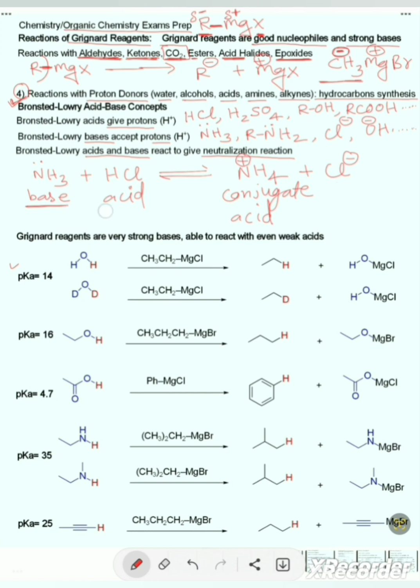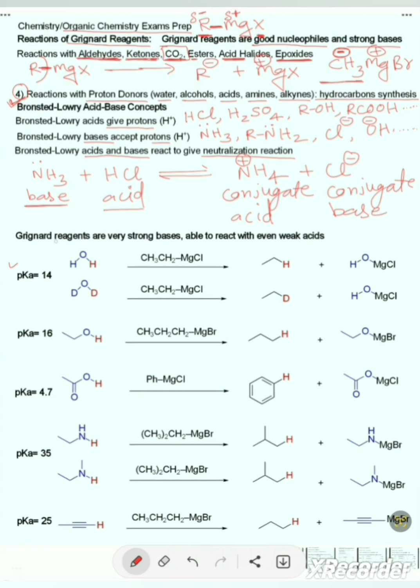Now the acid was hydrochloric acid, so its conjugate base would be the chloride ion. This would be the conjugate base of hydrochloric acid.